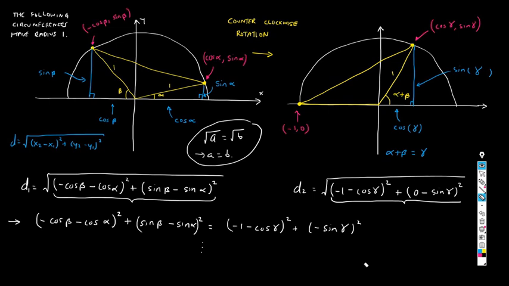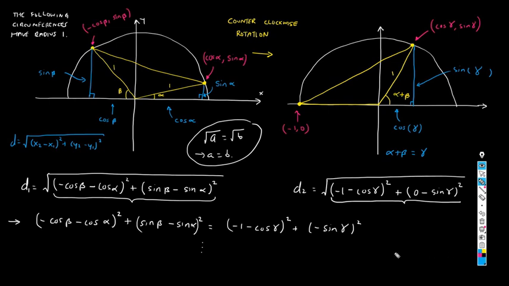Okay, what you're going to do is expand these binomials to the square. So basically raise each of these binomials to the square. You're going to get a very long thing, and then you're going to use the Pythagorean identity in order to reduce as much as possible this whole equation, okay? And what you should be getting in the end is the following.